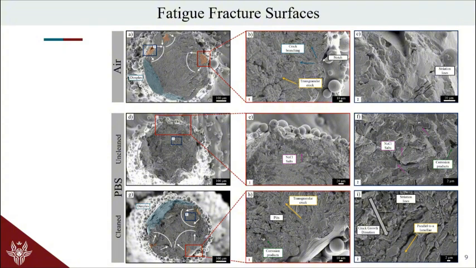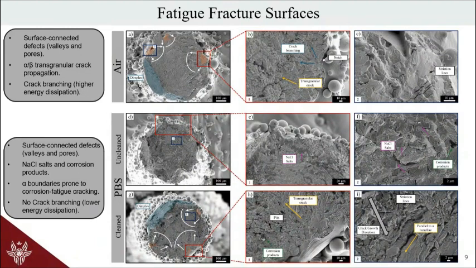The main difference is that, despite in both cases we do have a transgranular crack which propagates towards the final failure, we do have some crack branching in the air-tested specimen, which instead is not visible in the PBS-tested specimen, probably suggesting a lower energy dissipation mechanism in PBS-tested specimens, and hence a higher fatigue crack growth rate.